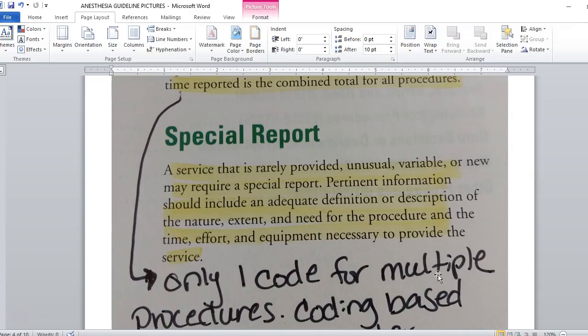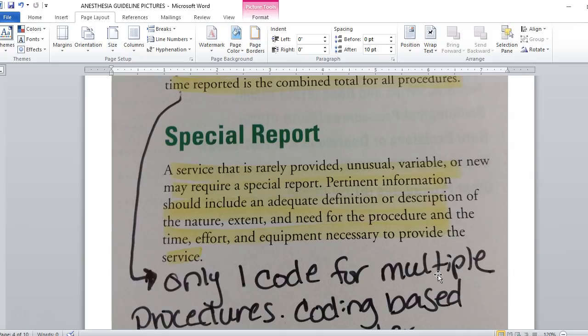Now again, if for some reason we do something unusual, like say for my friend there, where they say, listen, we want to try this new anesthesia because we think that you won't have that reaction. That's where the special report comes in. Remember, special reports is a service that is rarely provided, unusual, variable, or new, and may require a special report.